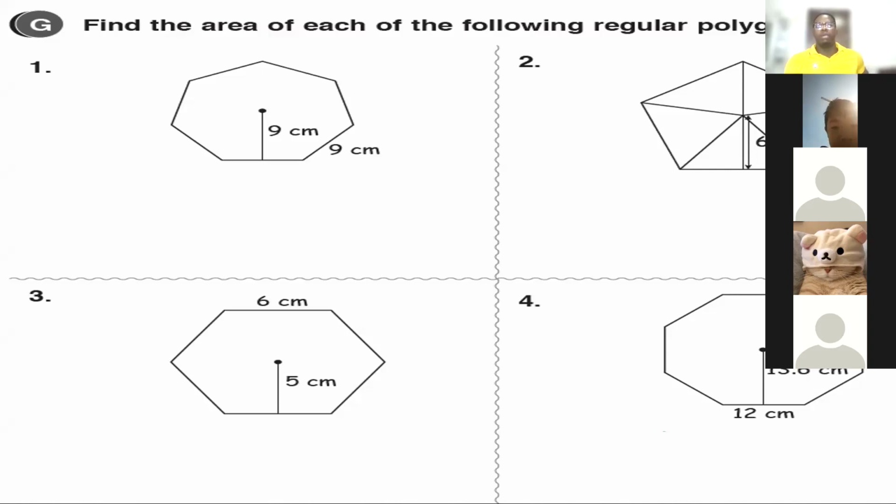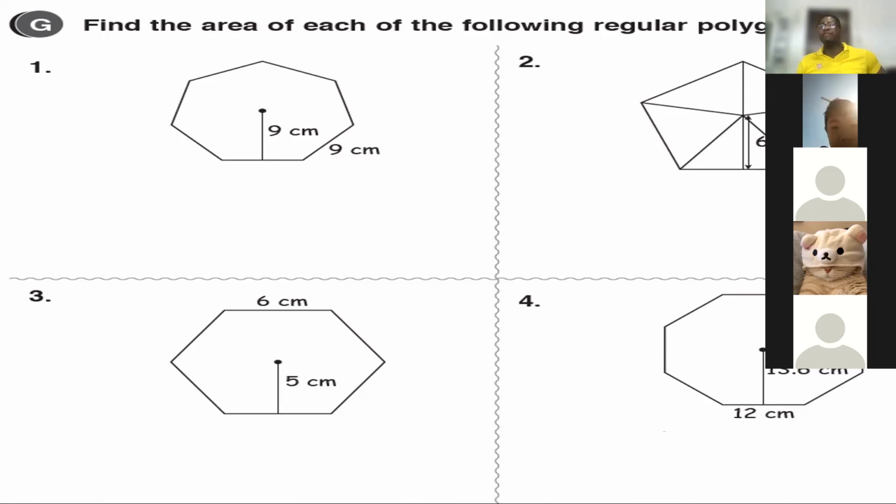567. No. 81 times 7, should be 7 times 1 is 7, 7 times 8 is 56.